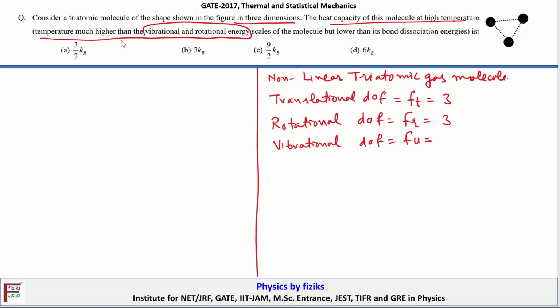So first of all, let's try to understand the diatomic molecule here. Suppose this diatomic molecule is vibrating at high temperature, so that it will have 2 different kinds of energy terms. One is the kinetic energy term, plus the second one is the potential energy term. The kinetic energy term comes into the picture because of the motion of these 2 atoms which are connected together through a certain force constant, you can say.